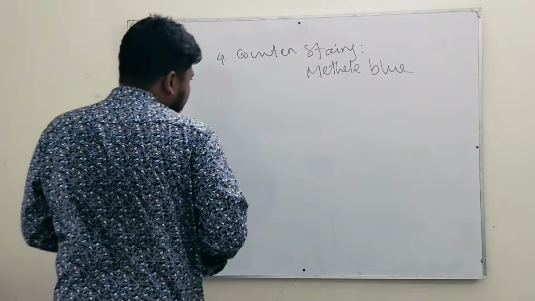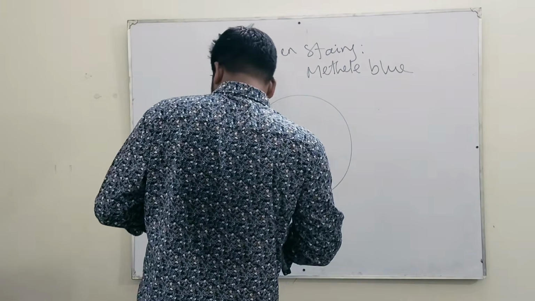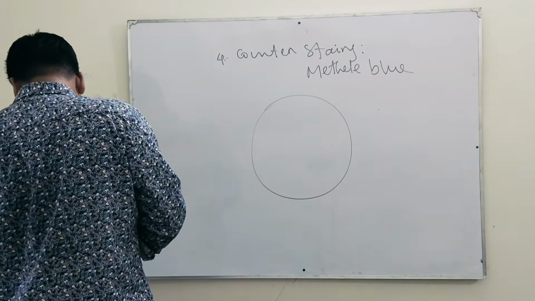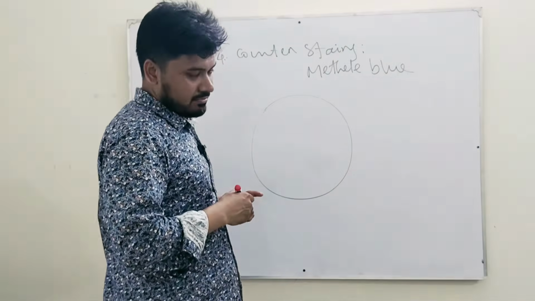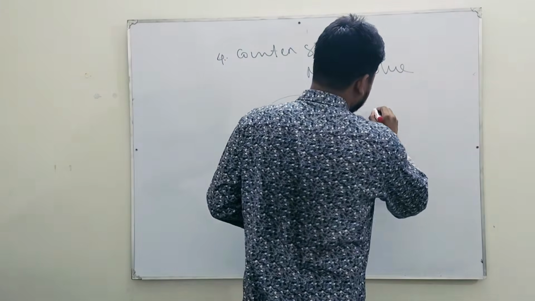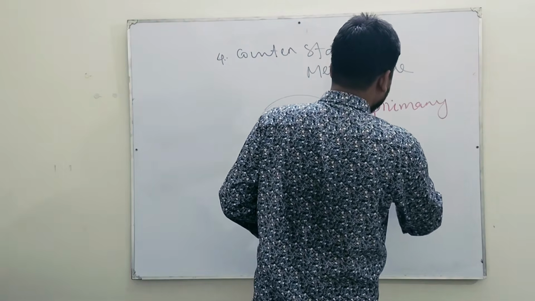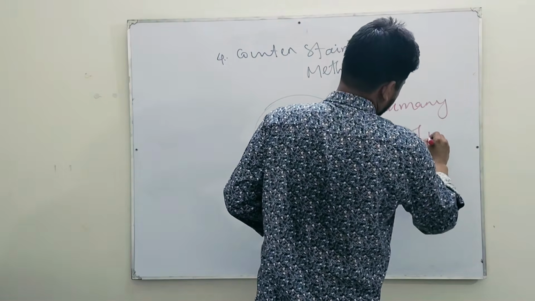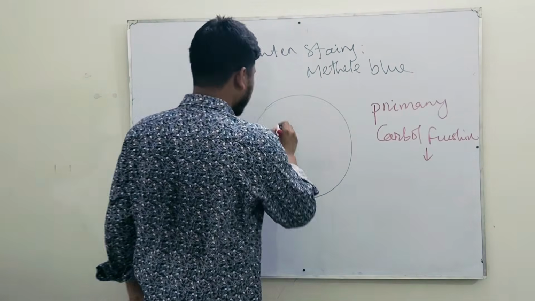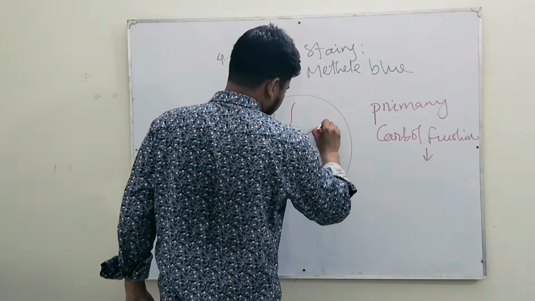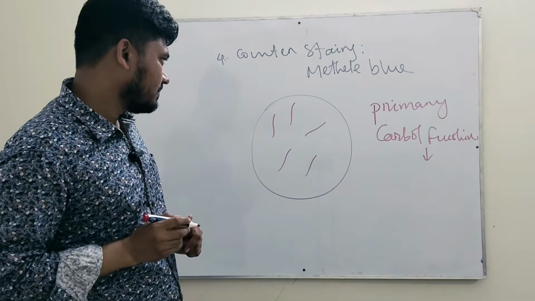In case of Mycobacterium tuberculosis, they have a thick mycolic acid layer in their cell wall. That's why they resist decolorization by sulfuric acid and retain the color of primary stain. That means they retain the color of carbolfuchsin, which is red. That's why Mycobacterium tuberculosis are red on Ziehl-Neelsen staining.